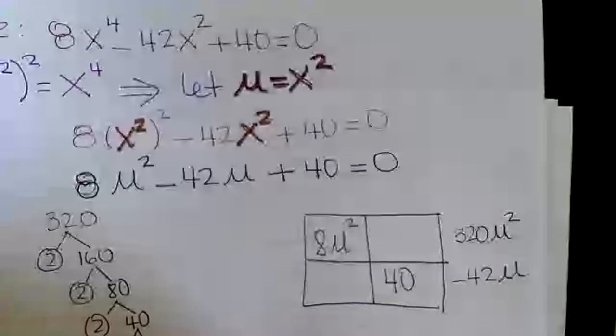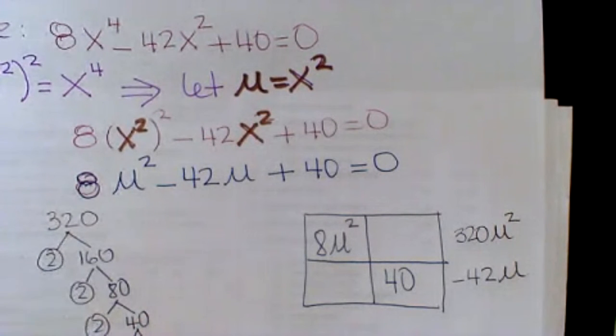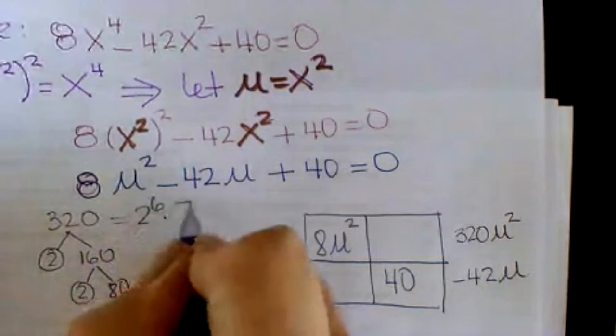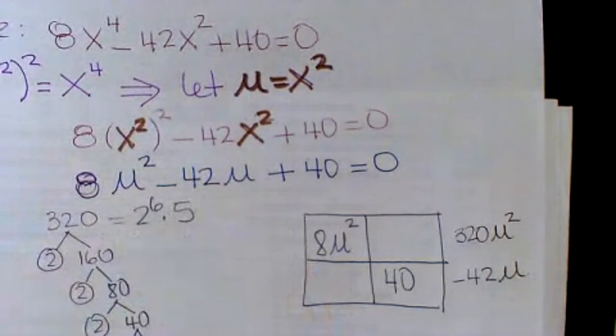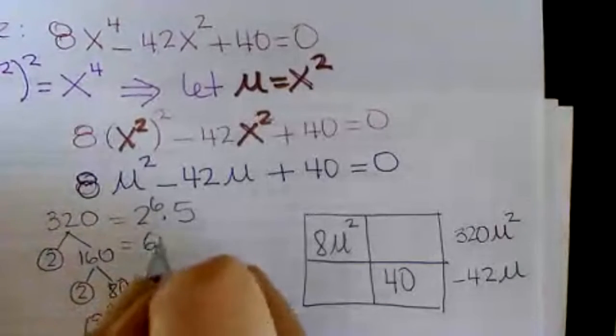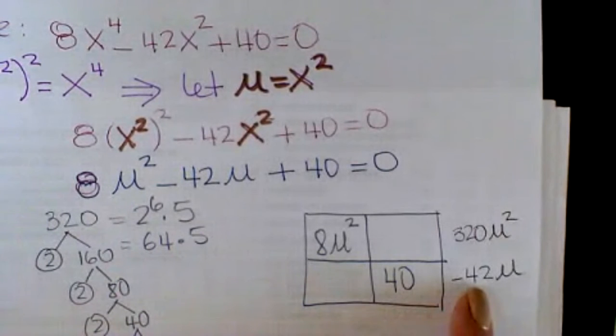By 2, 20. By 2, 10. By 2, 5. Okay, 1, 2, 3, 4, 5, 6. So I have 2 to the 6th power. So it seems like I have 64 times 5. I need to get to 42.